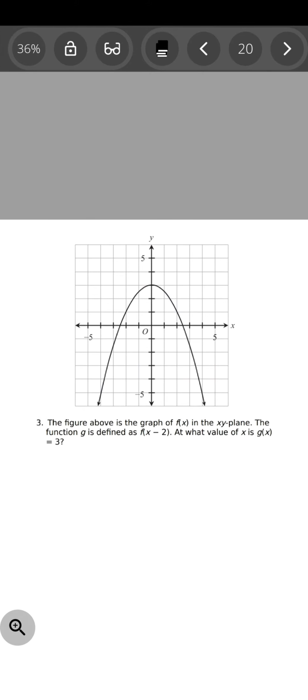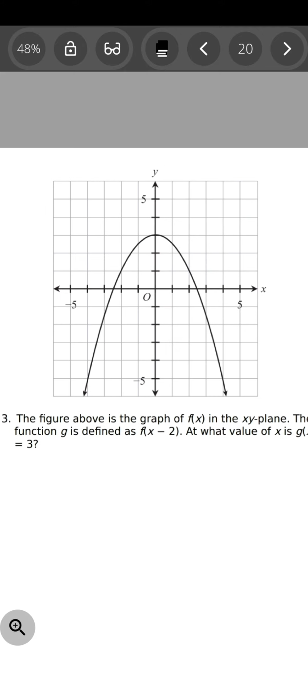Our next question is that the figure above is the graph of f of x in the xy plane. The function g is defined as f of x minus 2. At what value of x is g of x equal to 3? According to the graph of this function, we can say that the function f is a quadratic function because the graph is a parabola.